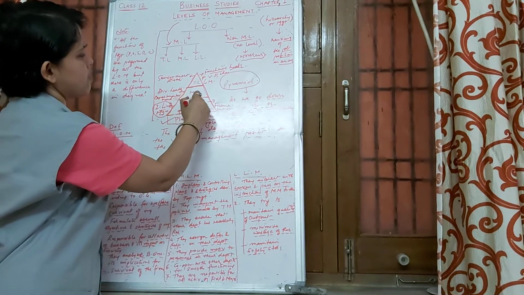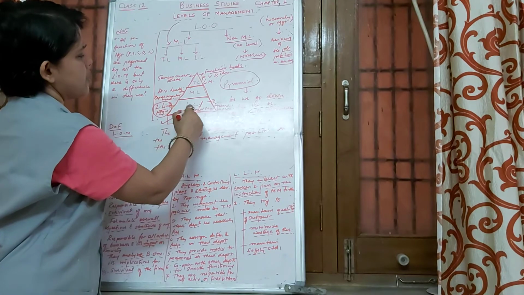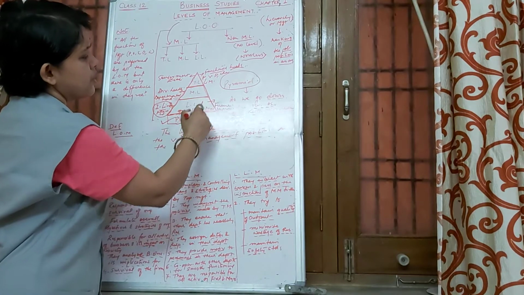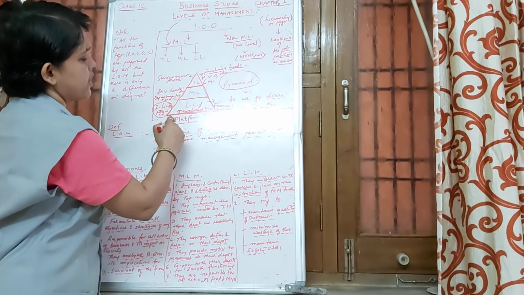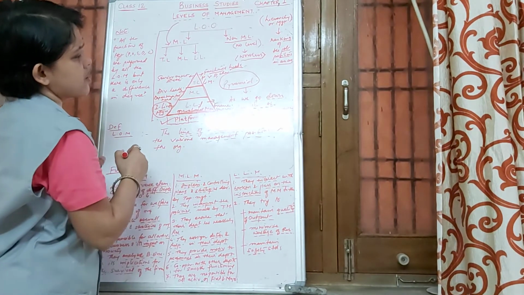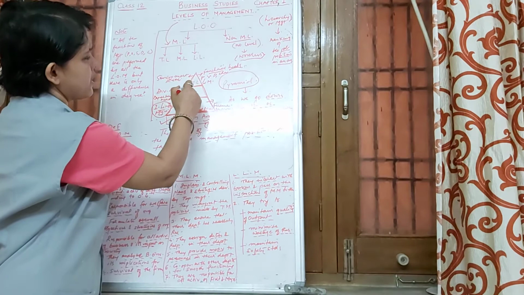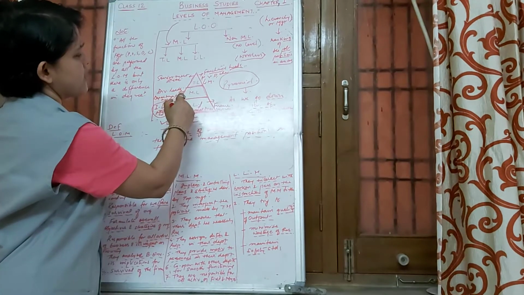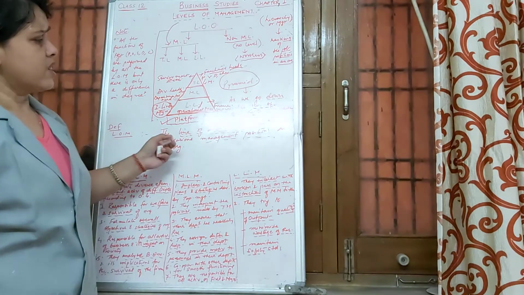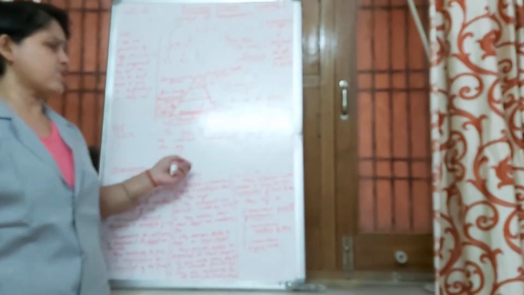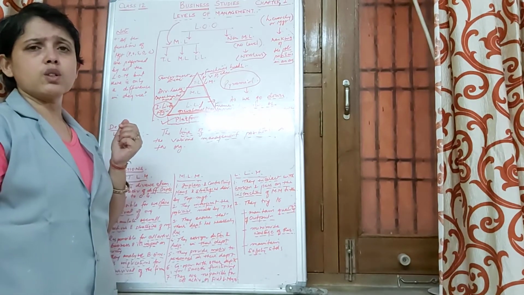This is the line which demarcates middle level from lower level, and up till here is the lower level, below it the workers. So the line of distinction between the various management positions in the organization is what is called the levels of management.